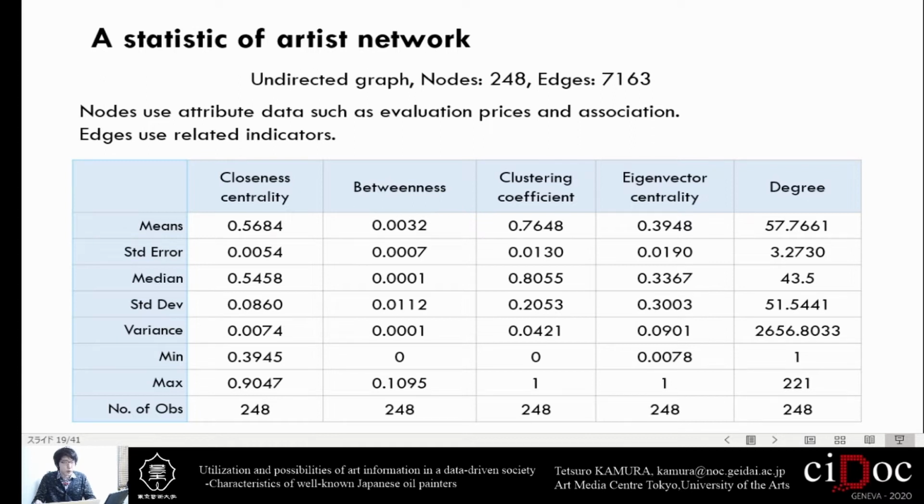The artist network used for analysis is an undirected graph with 248 nodes and 7,163 total edges. Nodes use attribute data such as evaluation prices, association, address, and school. Edges use related indicators.